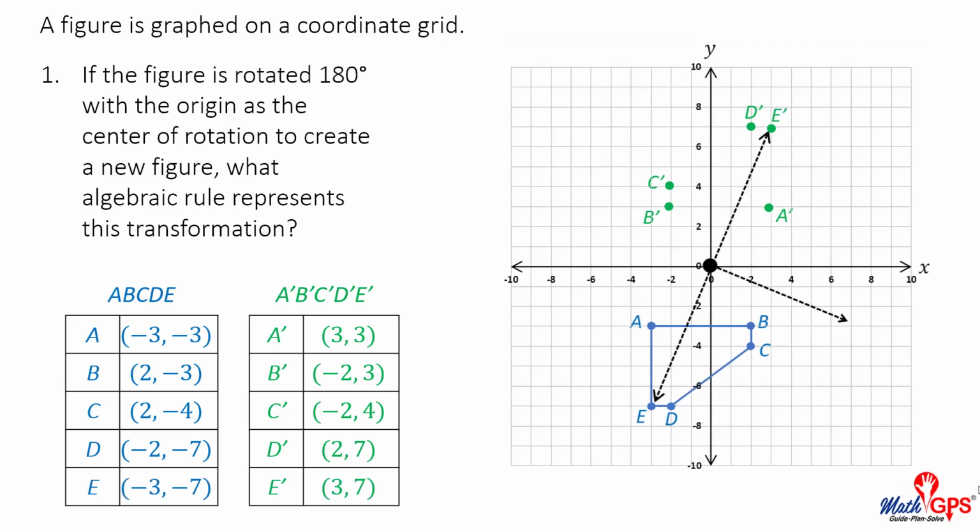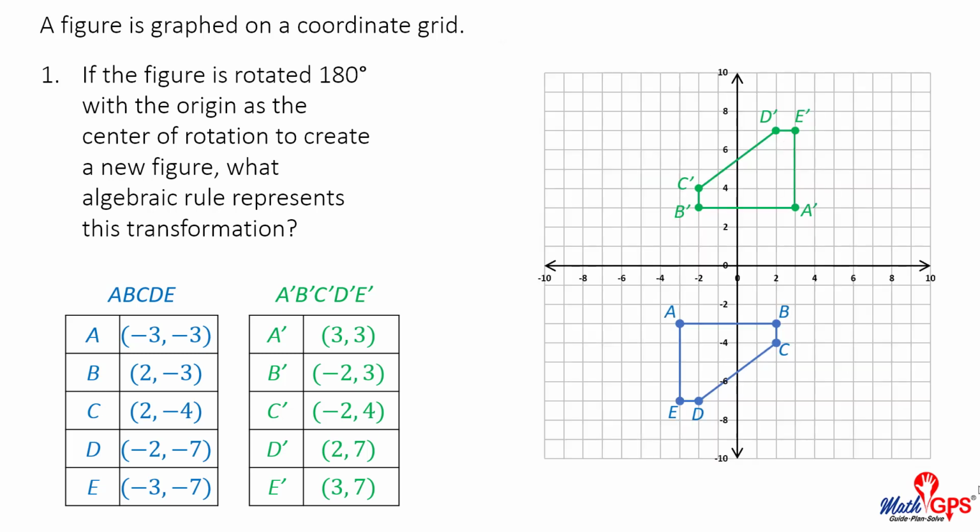Finally, rotate vertex E. If vertex E, located at -3, -7, is rotated 180 degrees, it will be renamed vertex E' and will be located at 3, 7. With all vertices rotated, we can connect to create the new image.